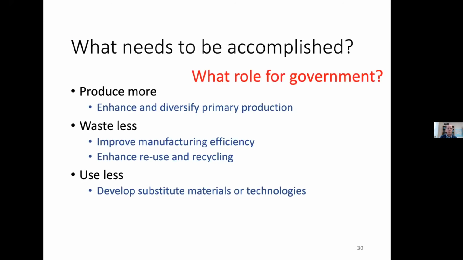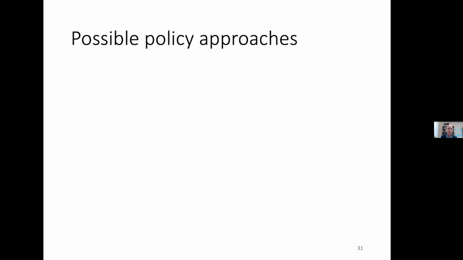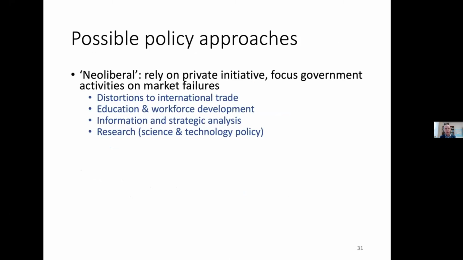Now, the issue for public policy is, well, what's the role for government here as opposed to the private sector? And so in terms of policy approaches, at the risk of oversimplification, let me present two kind of caricatures that are not completely crazy when we think about public policy approaches. The first I will refer to as neoliberal, although there are lots of different definitions of what neoliberal is.